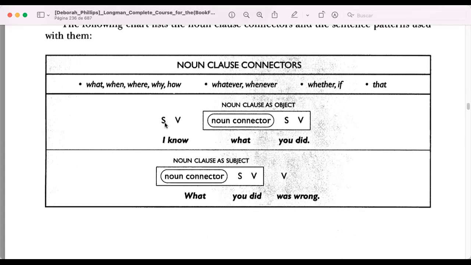I know what you did. What will be the noun connector? What you did was wrong. What? It's another noun connector. So if you are taking the TOEFL test, please don't forget that every sentence must have a subject and a verb.